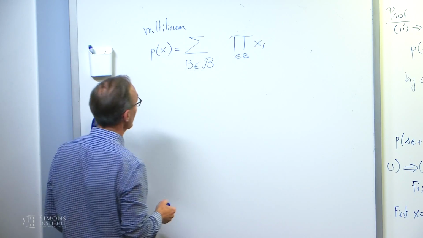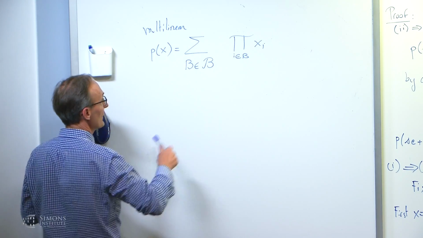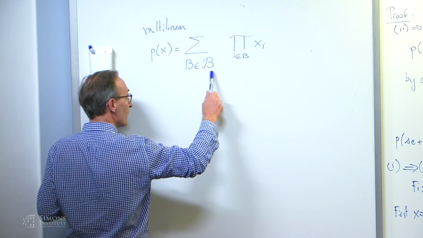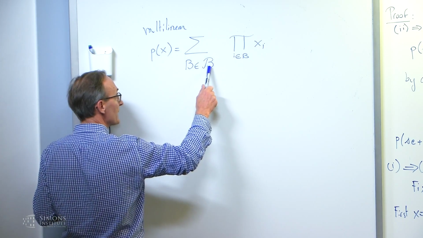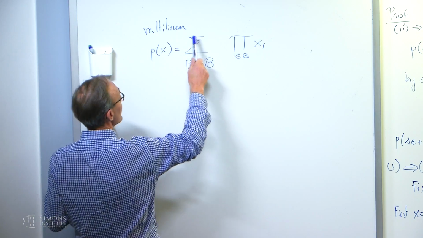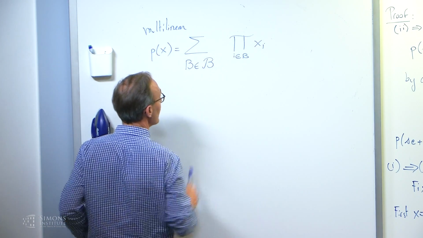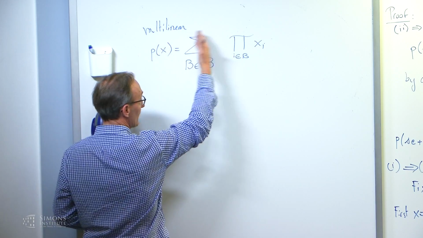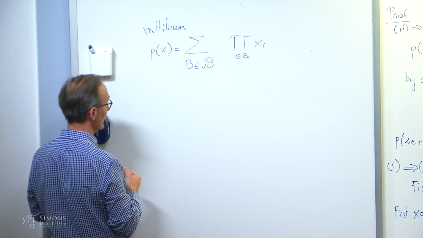And so we saw that, for example, if we take the basis of a regular matroid, this is hyperbolic in actually any direction in the positive orthant.